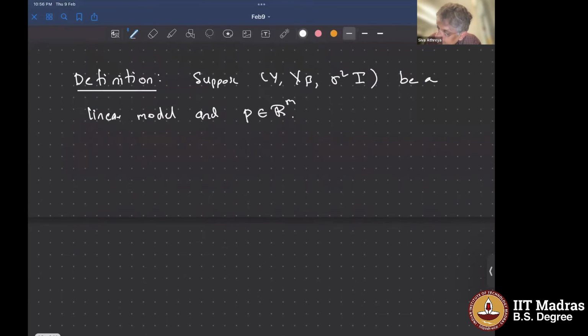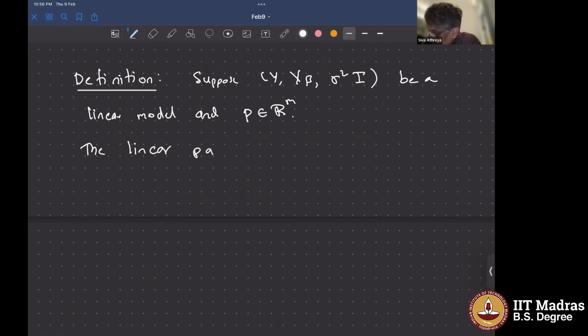The linear parametric function, so what's the function? The function is P transpose beta. It is said to be estimable.